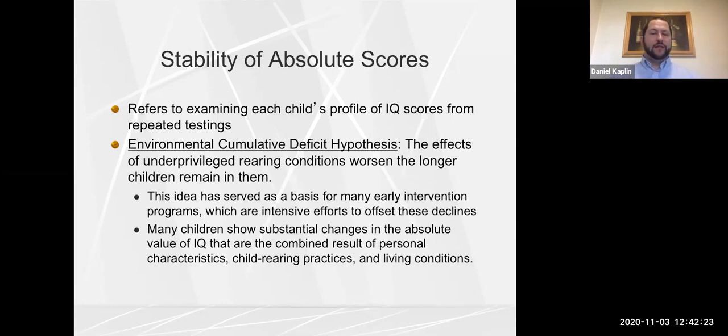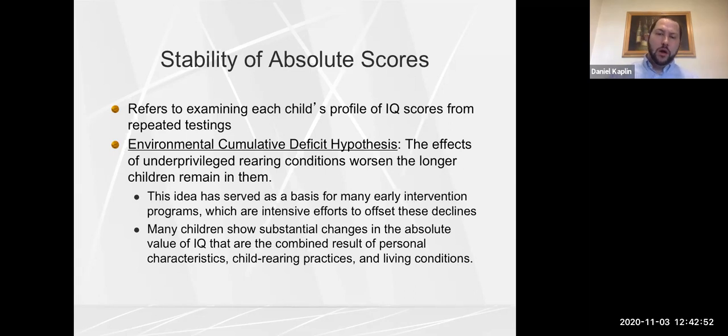So we talk about this concept of the environmental cumulative deficit hypothesis. What happens with people who are in underprivileged living conditions? Well, they tend to perform poorer than people who are more advantaged or more privileged. Keeping that person in an underprivileged situation exacerbates the situation.